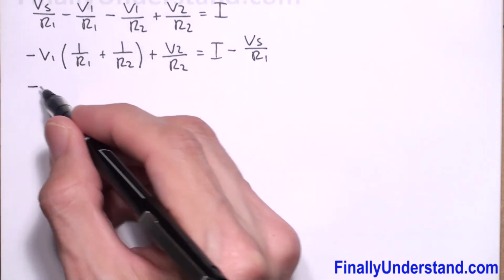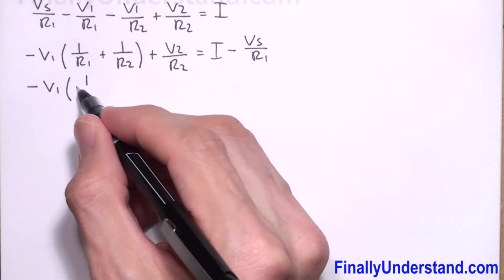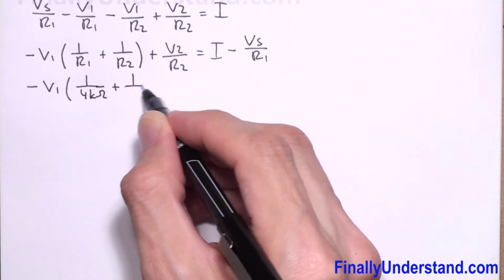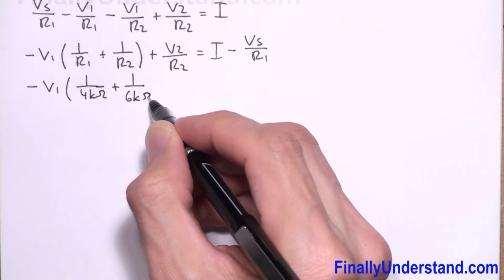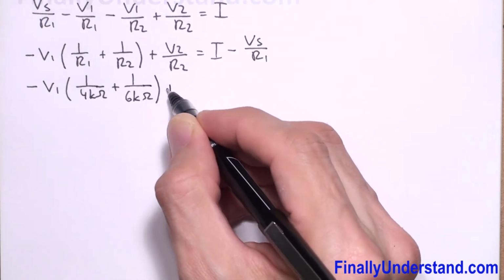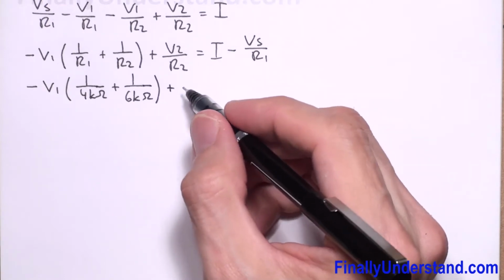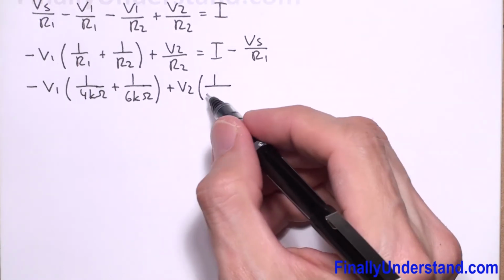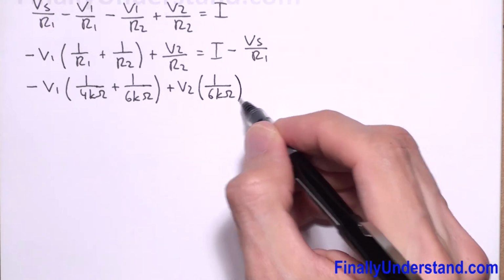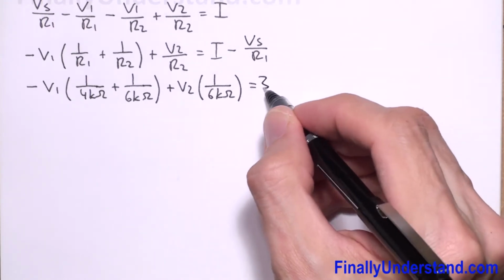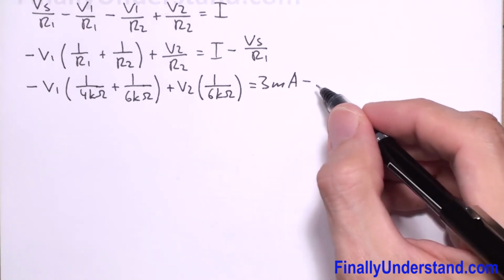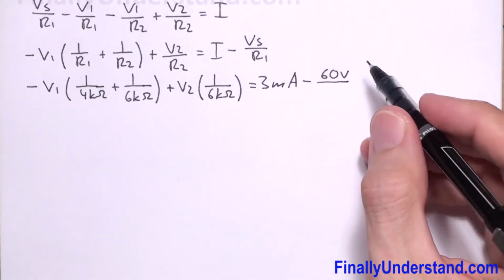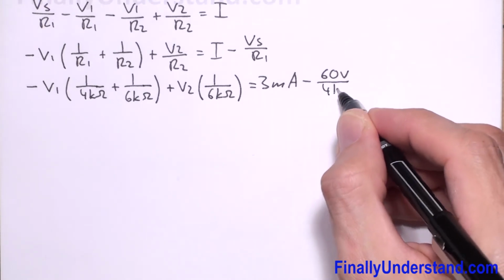So I have negative V1, and I have 1 over R1, which is 4 kilo ohms, plus 1 over R2, which is 6 kilo ohms, close parenthesis, plus V2, and I have 1 over R2, which is 6 kilo ohms, is equal to I, 3 milliamps, minus Vs, which is 60 volts, over R1. R1 is equal to 4 kilo ohms.